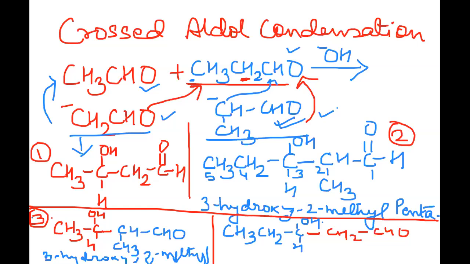The crossed aldol products are of 4 types. How do you know that they are different? When you write their IUPAC names, they will all be different. Like in this case, when I took acetaldehyde and propanaldehyde, the products that I got, the first one is 3-hydroxy.